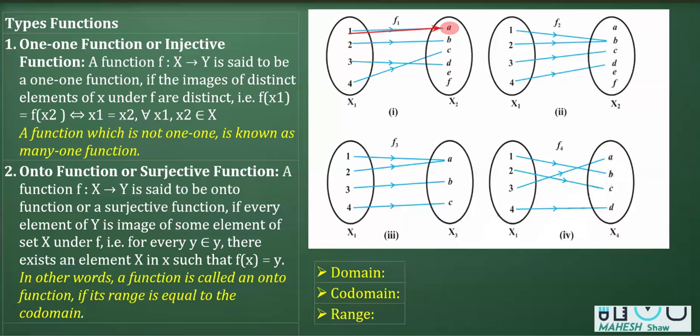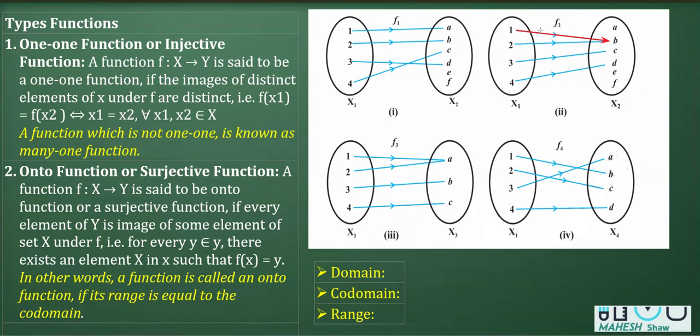Let's say in the next part, I can see that B is the image of 1 as well as of 2. That means B is the image of two different elements in the set X1, that is the domain. So here we will say that it is not one-one, as B is the image of two different elements.